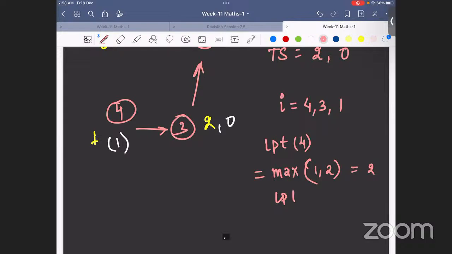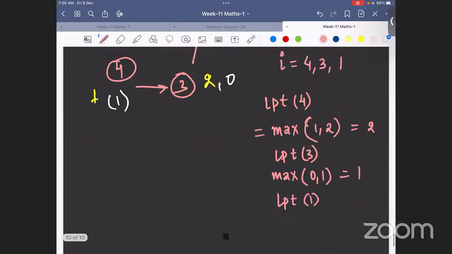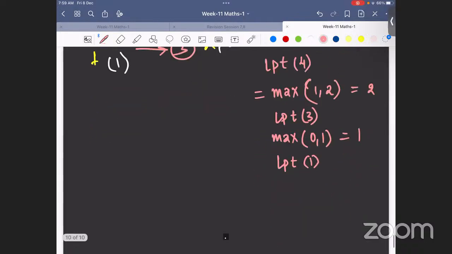Now again, if you are updating the value of LPT of 3, what should be the value, maximum of what? 0, comma 1. That is 1. And if you are updating the LPT of 1, what should be the value? That is also maximum of 0, comma 1. That is 1. Sir, how did we get 1?